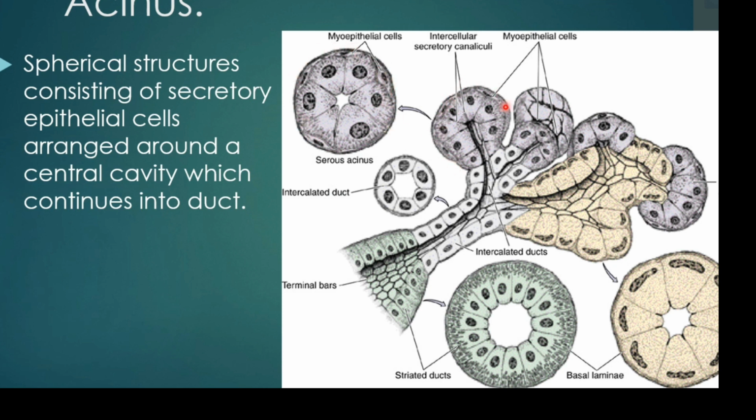They surround the acinus as well as the initial part of the duct also. So this is the intercellular secretory unit, and then the myoepithelial cells. These are the mucus acini, and you can see the section of the mucus acini over here as well. And these are the striated duct, and these are the intercalated duct. So we now discuss all of these structures individually one by one.